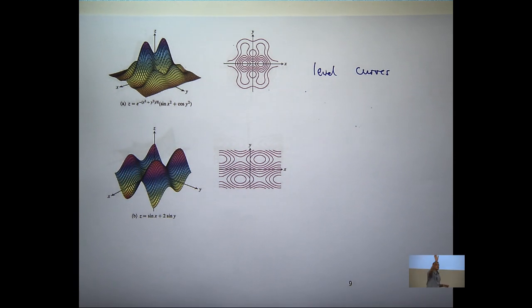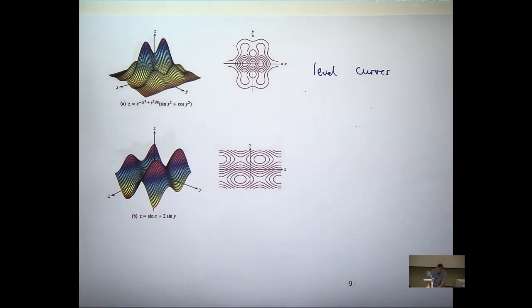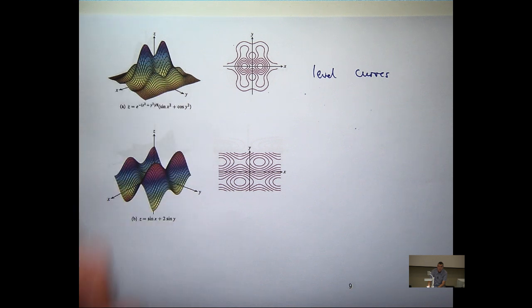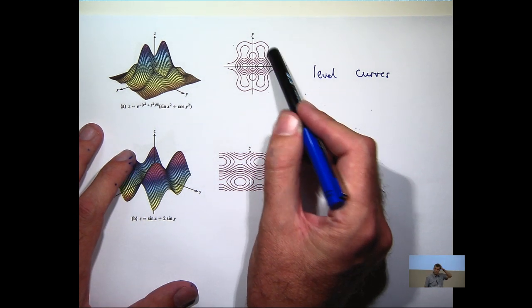Now, what I'd like you to try to do is visualise the connection between the level curves and the corresponding surface on the left. So think of all these lines as representing you slicing the surface, and these lines are where the slices are. Now you'll see in some pictures, the lines are closer together. Say here they're close, and then here they're not so close.